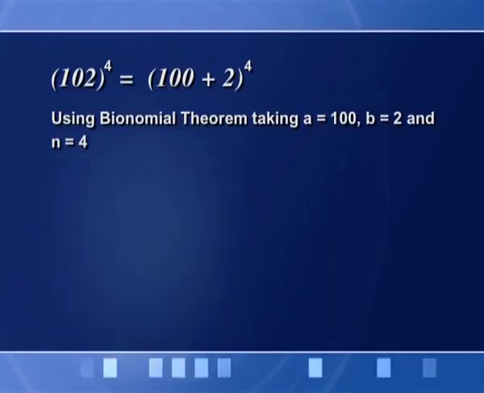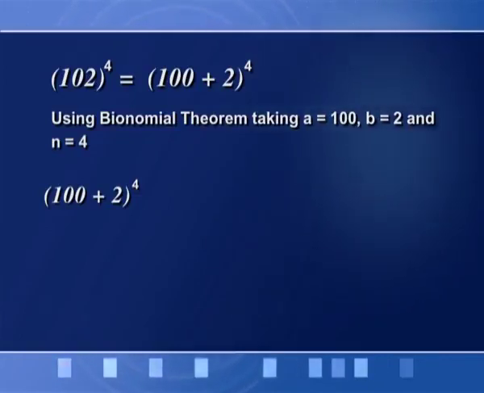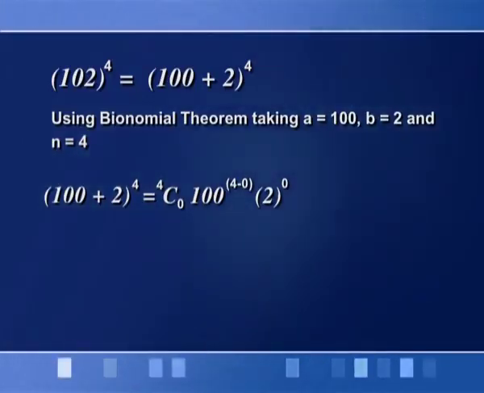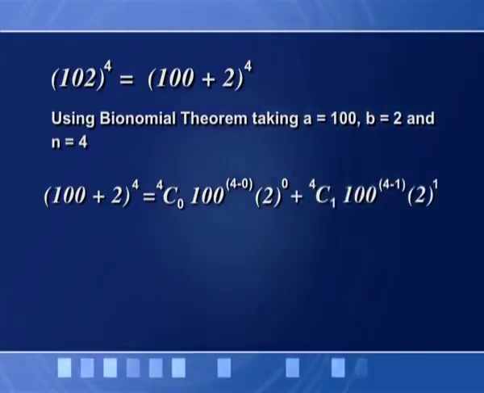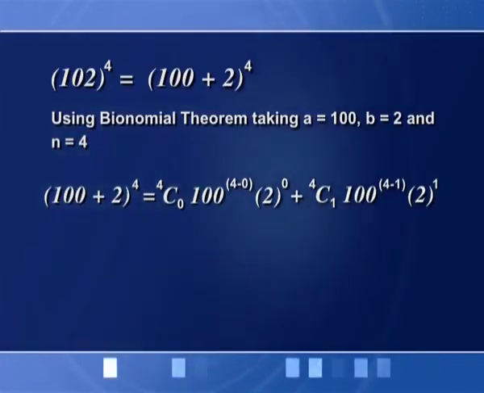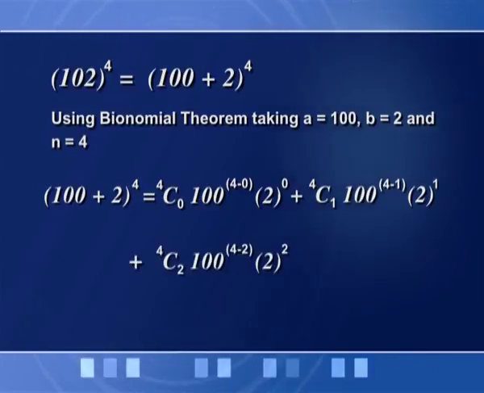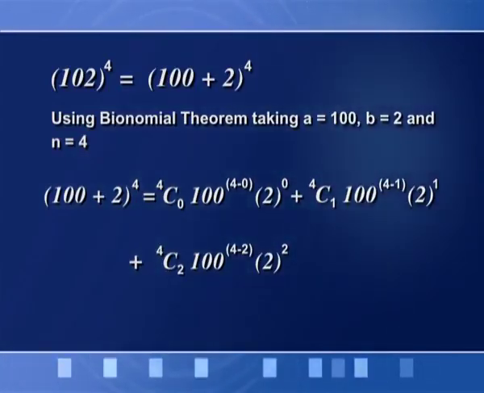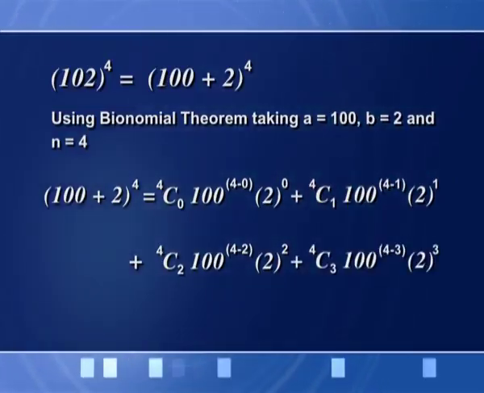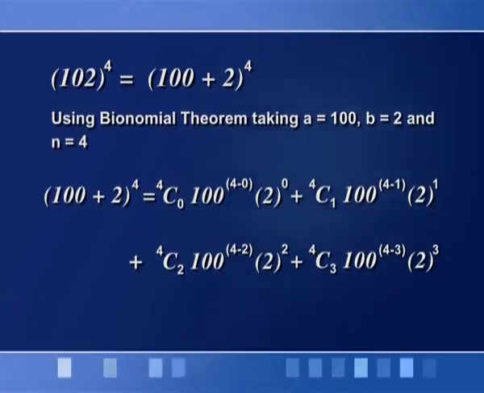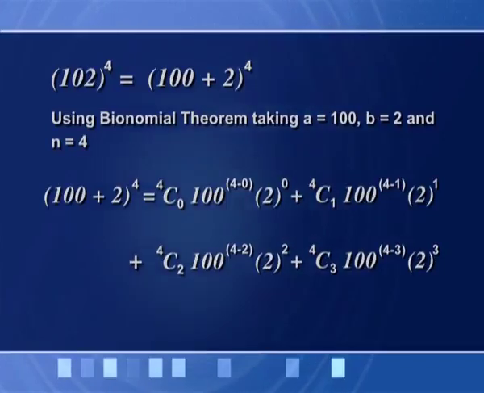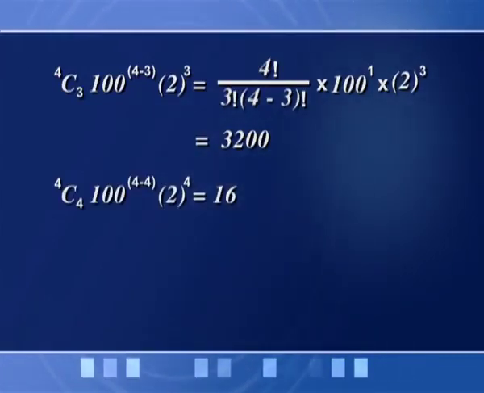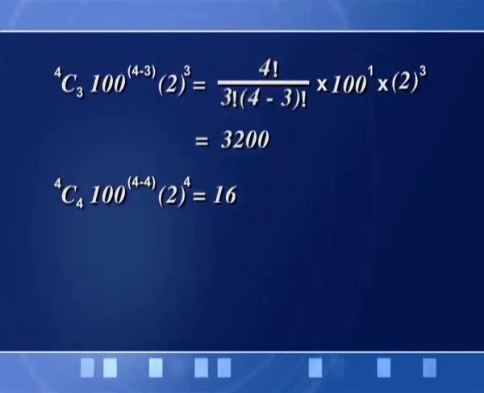Using the binomial theorem, the expansion of (100 plus 2) raised to the power 4 will be equal to 4C0 100^(4 minus 0) 2^0 plus 4C1 100^(4 minus 1) 2^1 plus 4C2 100^(4 minus 2) 2^2 plus 4C3 100^(4 minus 3) 2^3, and the last term in the expansion is 4C4 100^(4 minus 4) 2^4.